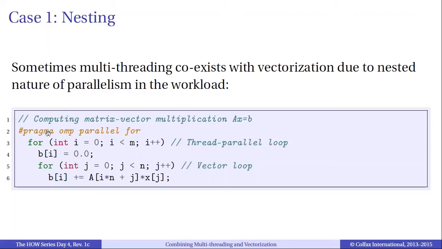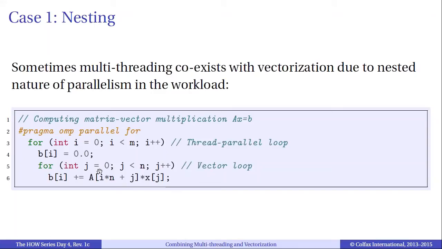Every core in Intel platforms has vector processing facilities. So sometimes using vectorization inside of every thread is the best way to go about parallelizing your application.